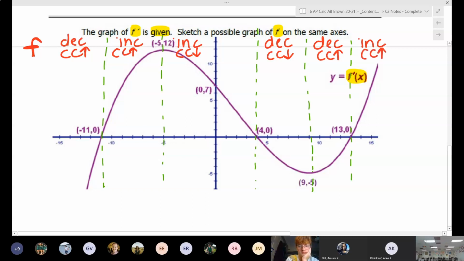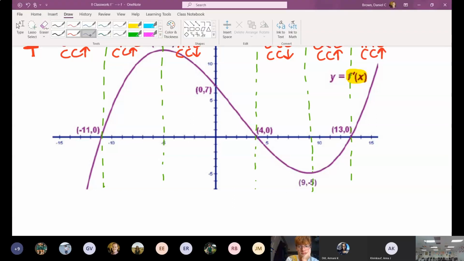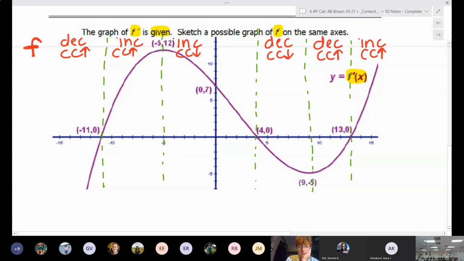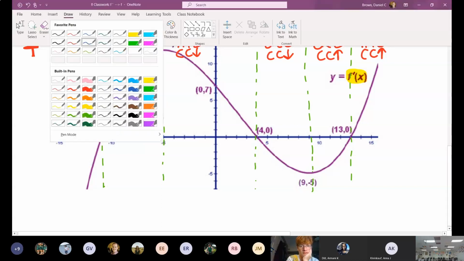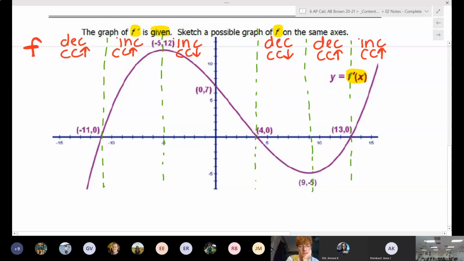And then I just start from the left-hand side. Again, the y values don't matter when you're going from f prime to f. You just want to pick something. So I see I'm decreasing, increasing, decreasing. I'm just going to pick somewhere in the middle. I'm going to go back to green. So this function, we're going to start decreasing and have it concave up.